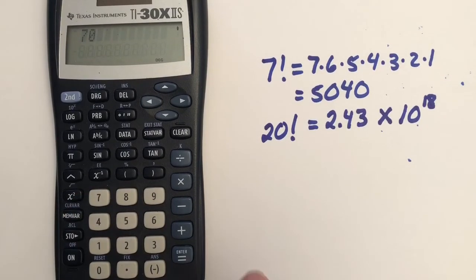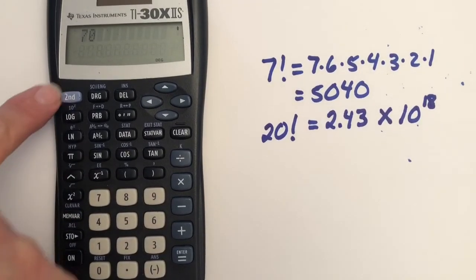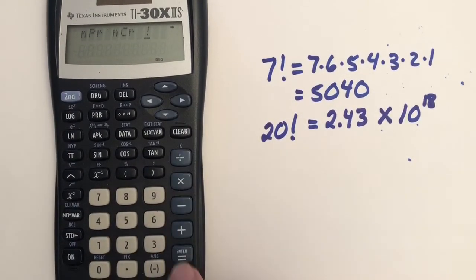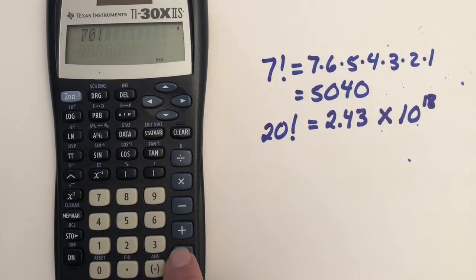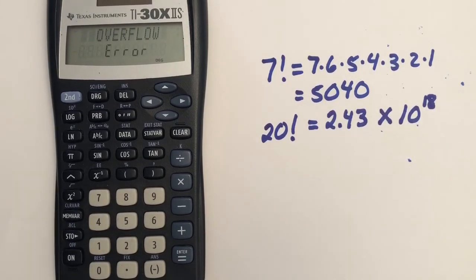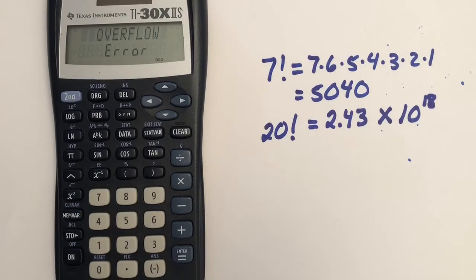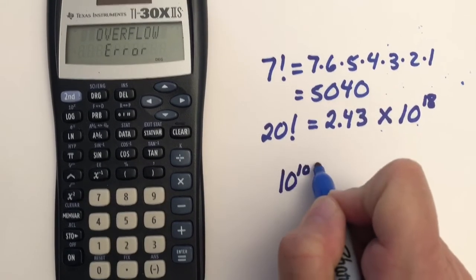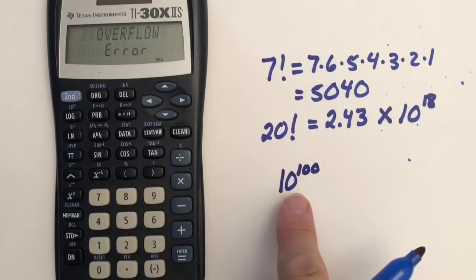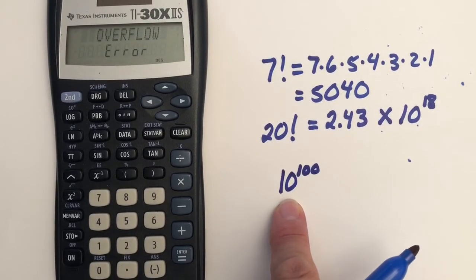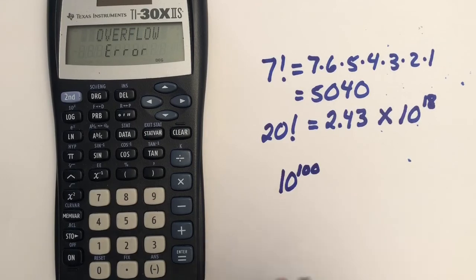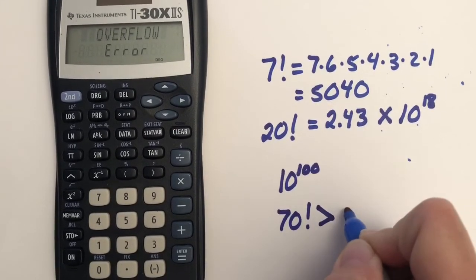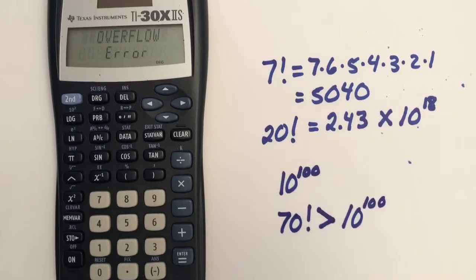If you have 70 factorial, let me come over here and press enter. Notice it's an overflow error. Many of our calculators only go up to 10 to the 100th power. You have to stay actually smaller than this. So we know that 70 factorial is actually greater than 10 to the 100th power.